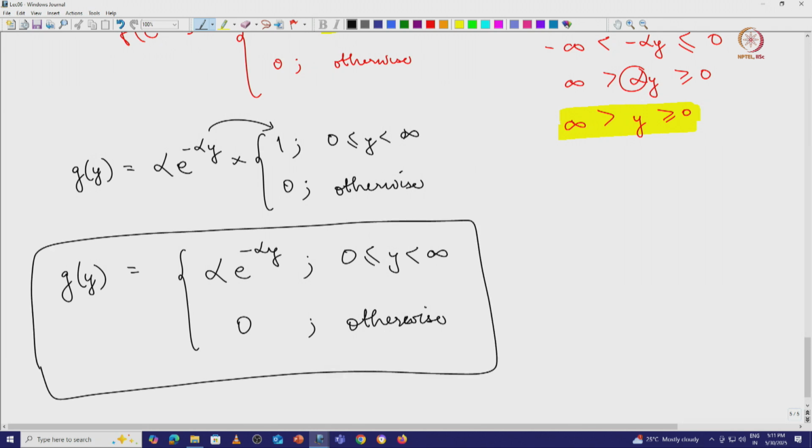Okay. If you remember carefully from the previous lecture, this is simply the probability density function of a random variable y that is exponentially distributed.